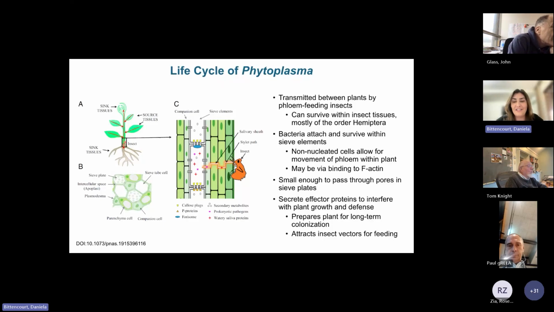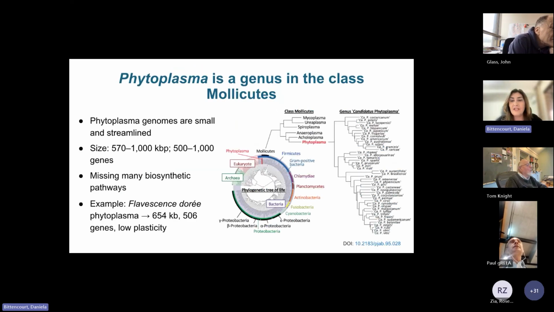So this complex cycle shows both the challenges and opportunities that we have in working with phytoplasmas as a synthetic biology chassis. But what is even more interesting about phytoplasmas is that they belong to the class Mollicutes. So it's a cousin of the minimal cell. And their genomes are also among the smallest of bacteria. So they typically range from 500 to 1,000 kilobases, encoding only 500 to 1,000 genes.